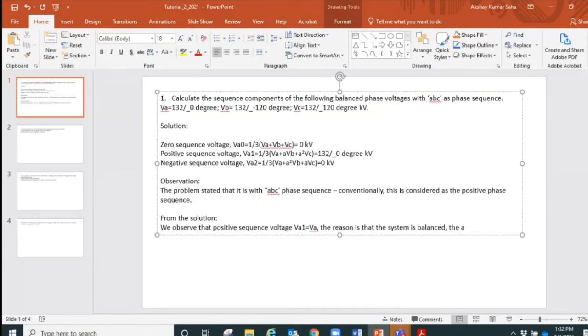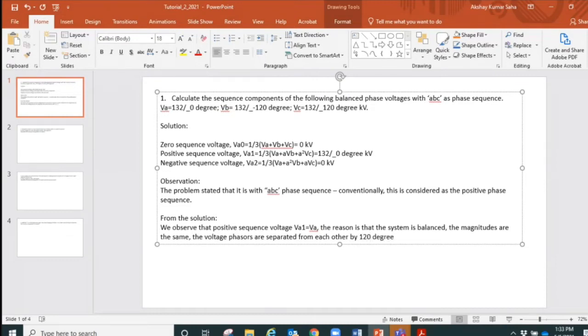The magnitudes are the same. The voltage phasors, you must write down what I'm typing now, are separated from each other by 120 degree.